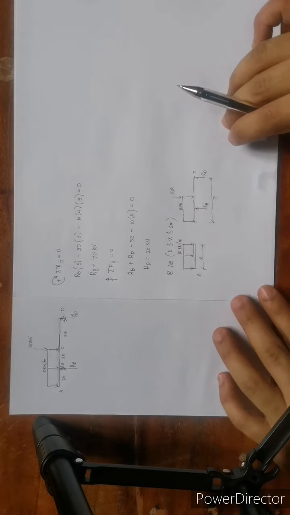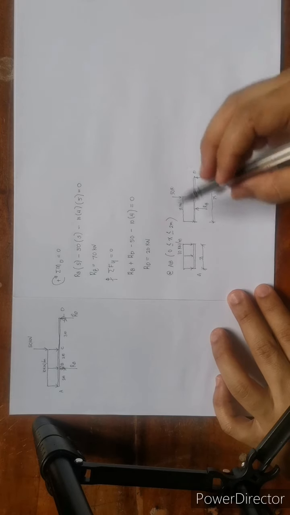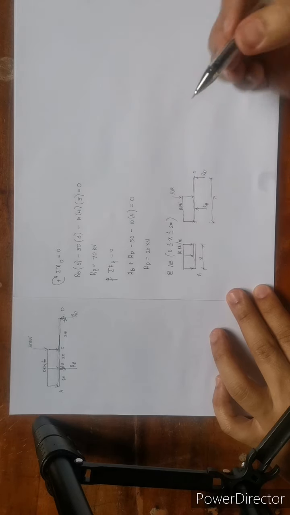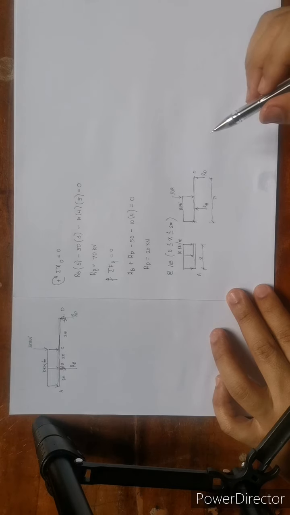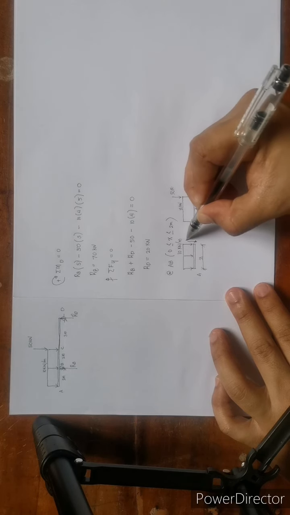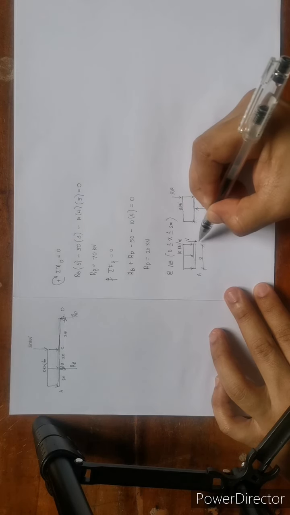Okay, let's continue. Let's consider this section. Ngayon, etong section na 'to, sabi nga sa statics of rigid bodies, kapag pumuputol tayo mismo ng member ng isang structure, may lumalabas na force. Method of sectioning or method of joints. Wherein dito sa part na 'to, may lalabas tayong shear dyan, which is going downward always.